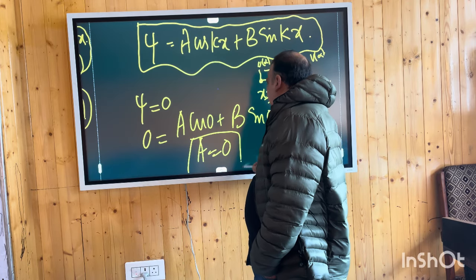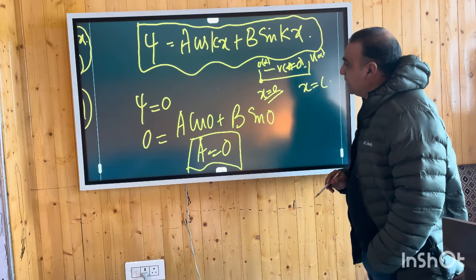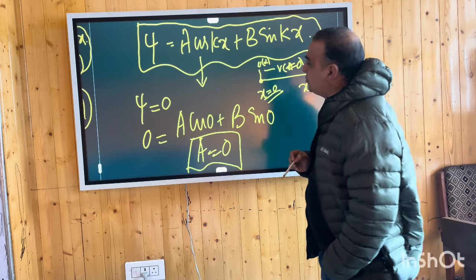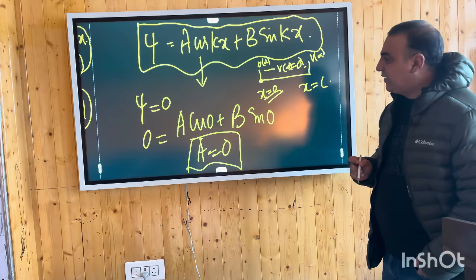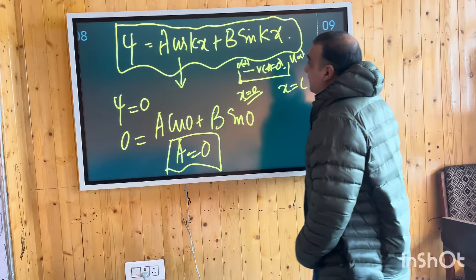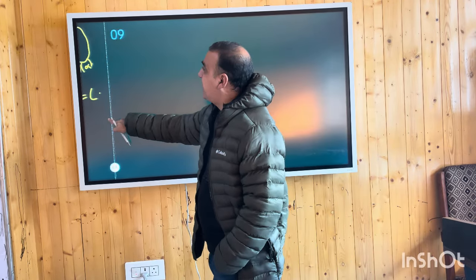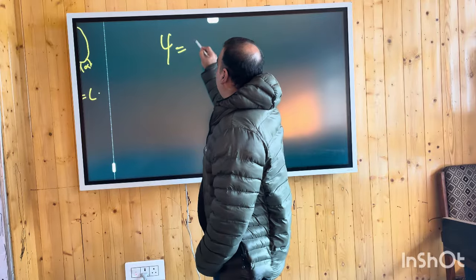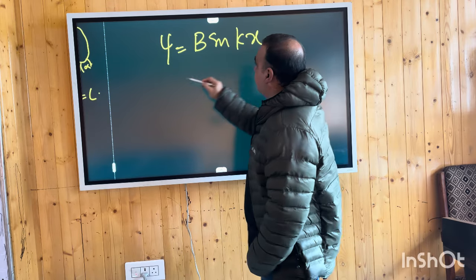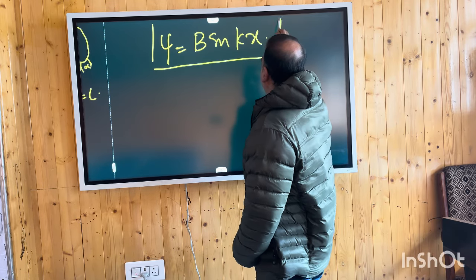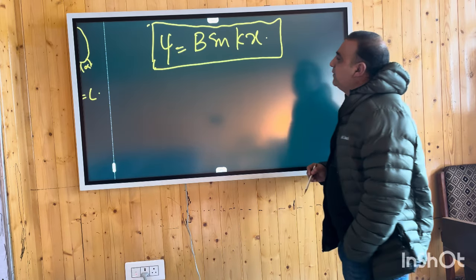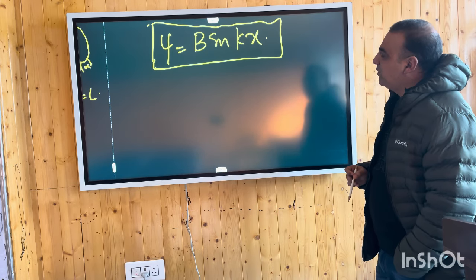So if a is equal to 0, this part will not contribute to the solution of the Schrodinger's equation that we have. So what will be the solution then? Its eigenfunction psi will be b sine kx. All right, so this should be the plausible solution for my problem.